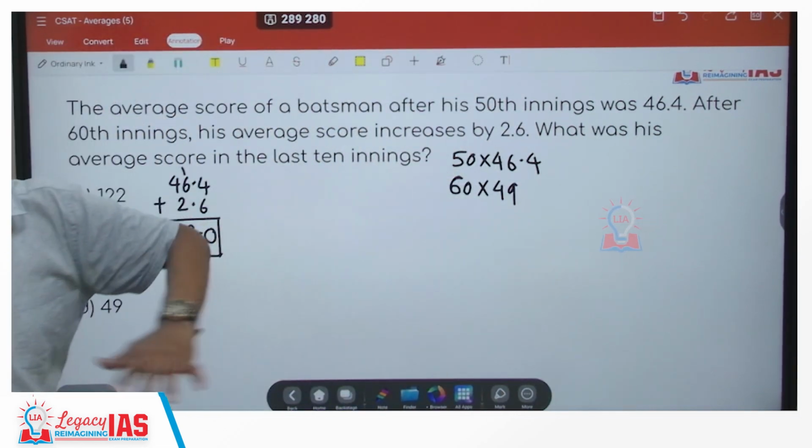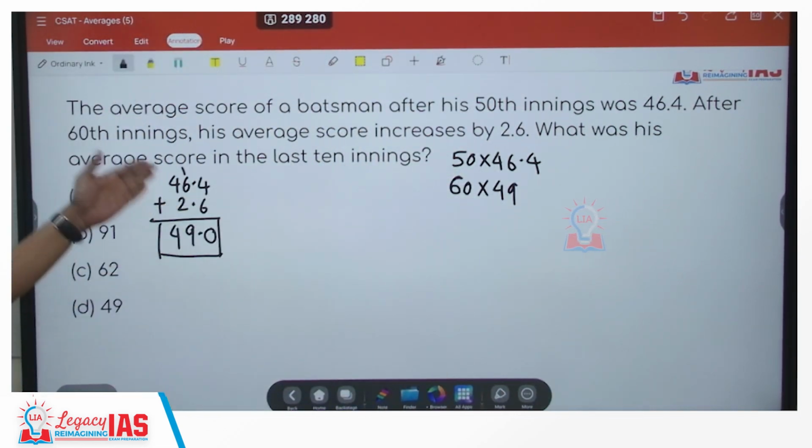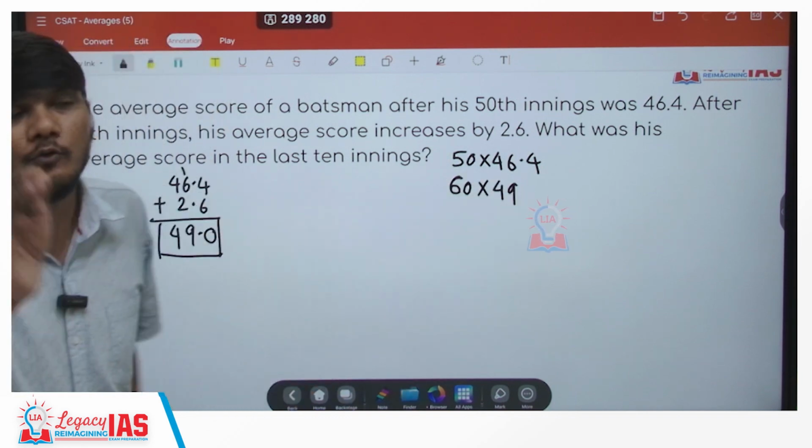Now the difference between these runs is the runs made between those 10 innings from 50th to 60th.